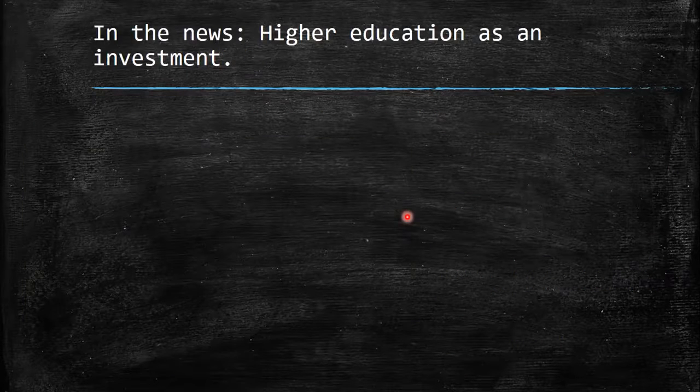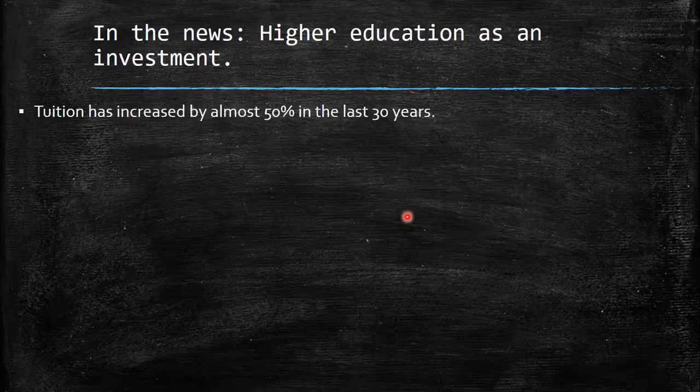Then here we have an article in the news, higher education as an investment. The first important fact is tuition has increased by almost 50% in the last 30 years. So it is a fact that it is more expensive to study.